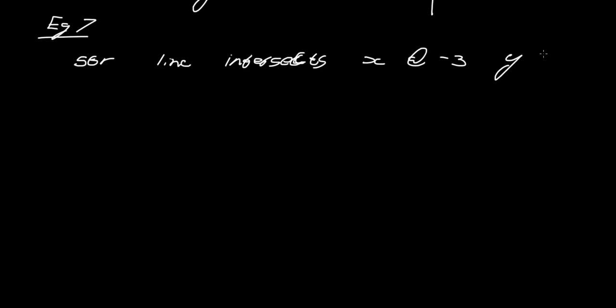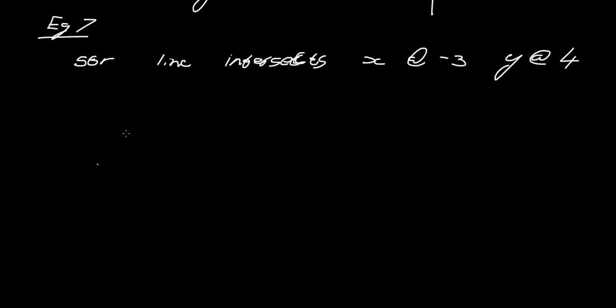So basically they're saying you have a straight line that intersects the x-axis at -3 and y-axis at 4.